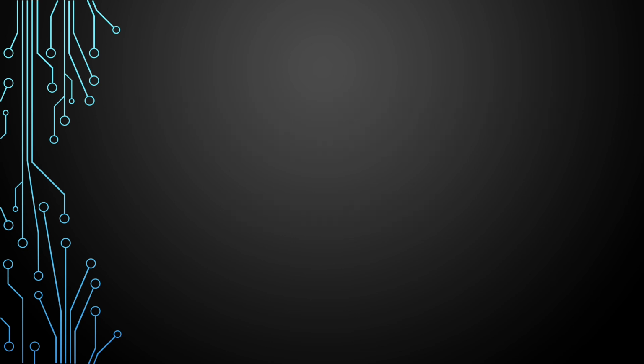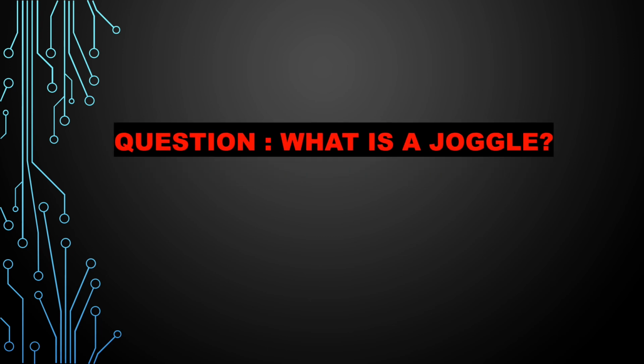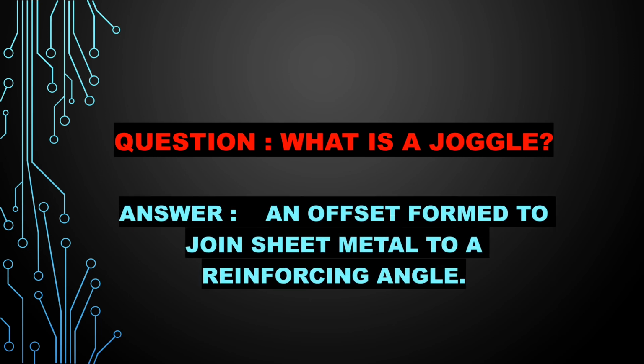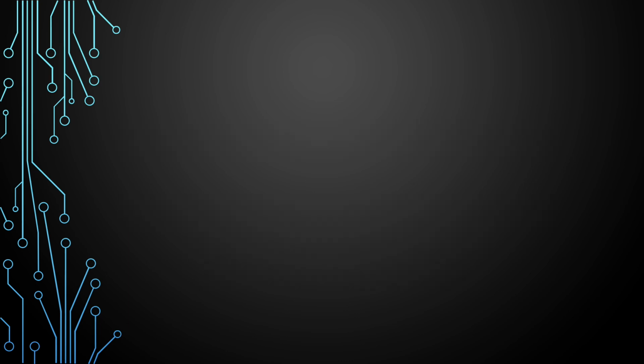Answer: blue. Question: what is a joggle? Answer: an offset formed to join sheet metal to a reinforcing angle.